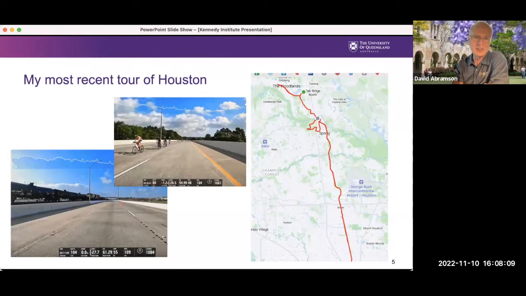And so I did actually choose Houston. I have to say that it was part of an Ironman ride, which was all done on the motorways. So I can't say it was particularly exciting. The most exciting part there is in that bottom picture. You can see a train went by. That was the most exciting part, and let me tell you, 100 kilometers on a stationary bike trainer is no mean feat. But there you can see it's plotted on Strava up there, and I did actually complete that ride. So that was my introduction to Houston. I hope I'll get to see a little bit more of it over the next few days. Not on a bicycle either.